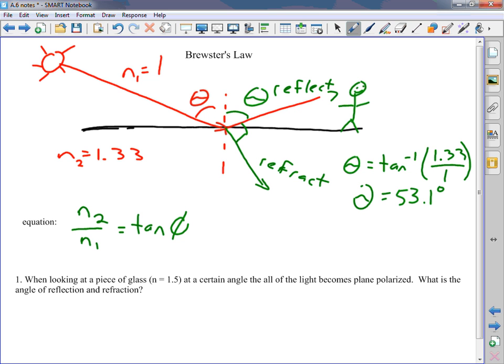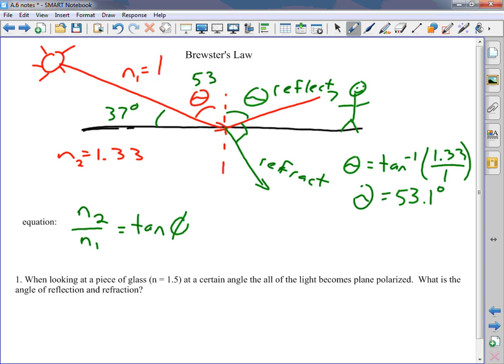Right. That's Brewster's angle whenever it comes to water. Okay, which, by the way, is pretty low on the horizon. If you start thinking about this as about 53, what does that leave that other angle to be? Good. 37 degrees.